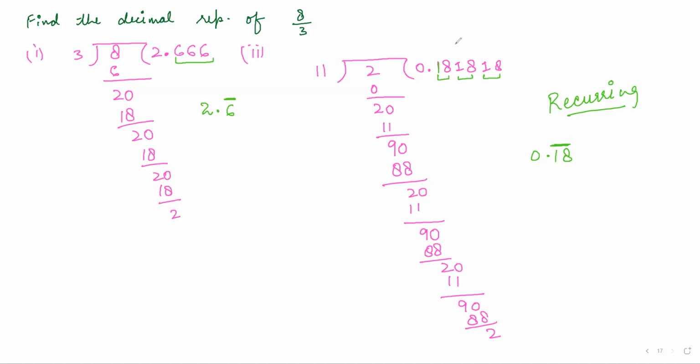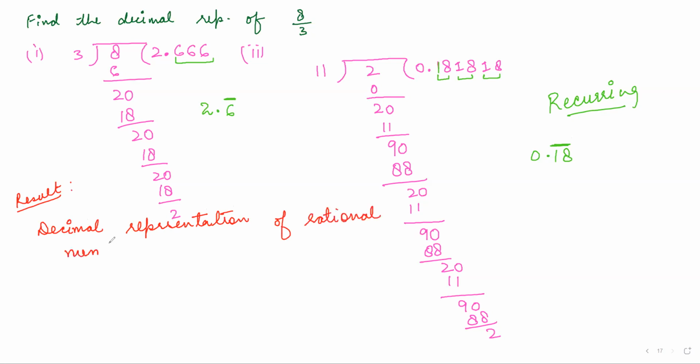Ultimately, the final result, or note you can write, is that the decimal representation of a rational number is either terminating or recurring. Either it is terminating or recurring.